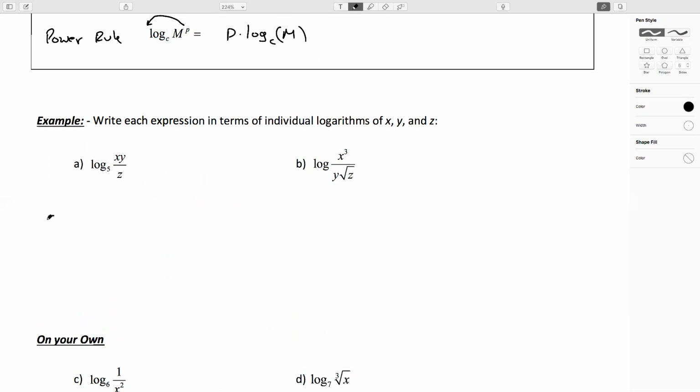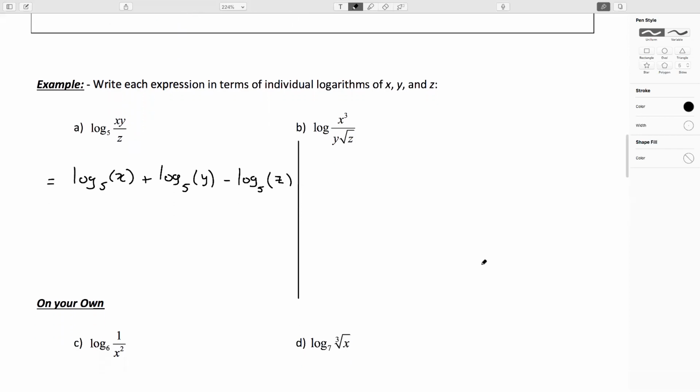So this would equal log base 5 of x plus log base 5 of y minus log base 5 of z. Anything that's on the denominator, we're subtracting because it's being divided. Anything that's in the numerator, we're adding.